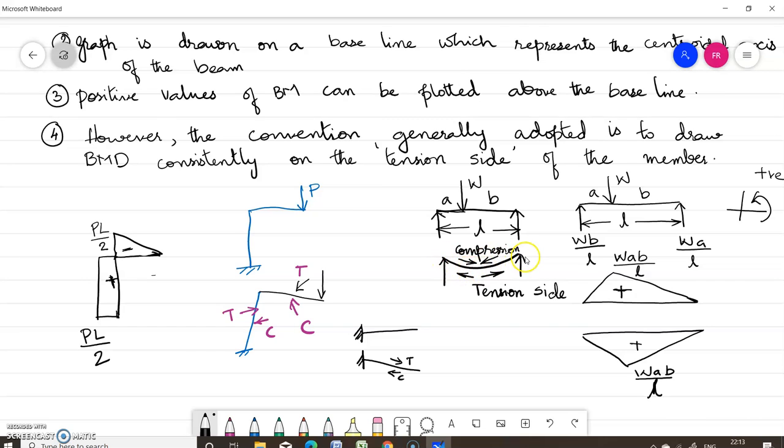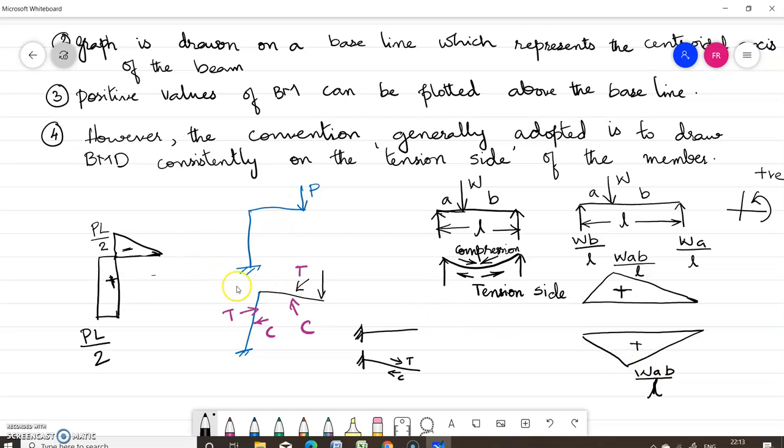Usually we can draw the positive values above the baseline like this, but by convention we draw the bending moment diagram on the tension side. So tension at the bottom. So here we are drawing the bending moment diagram on the tension side.